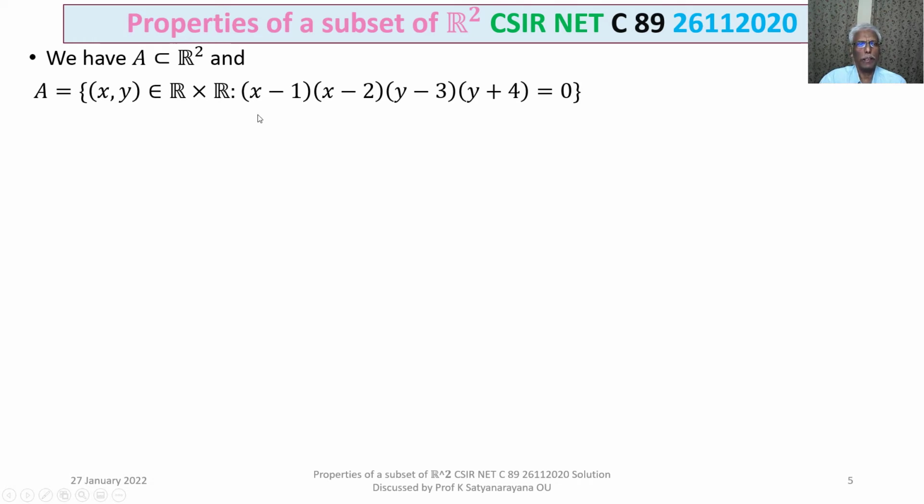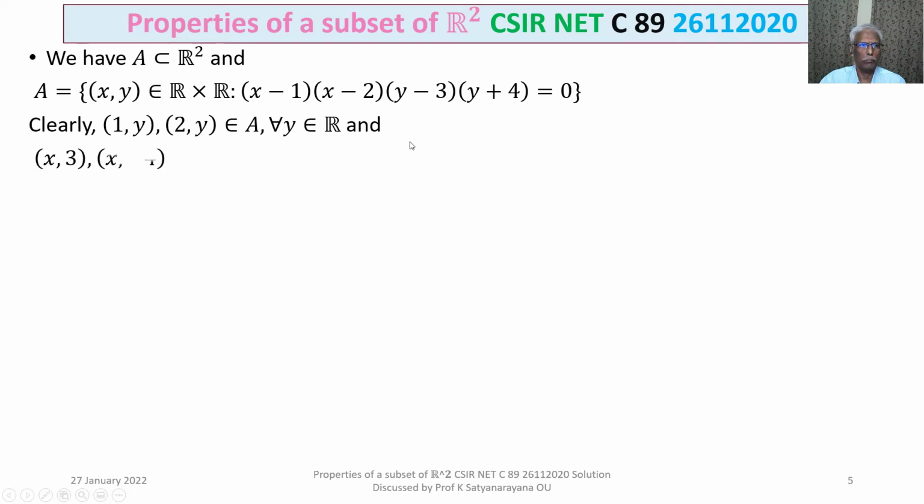Now, if I take the ordered pair 1 comma y, where y is any real number, it satisfies this equation, and hence 1 comma y belongs to A. And so also 2 comma y belongs to A for all y belongs to R. And in a similar way, we can also talk about x comma 3 ordered pairs, and we see they all belong to A for all x, and so also x comma minus 4. So they all belong to A for all x belongs to R.